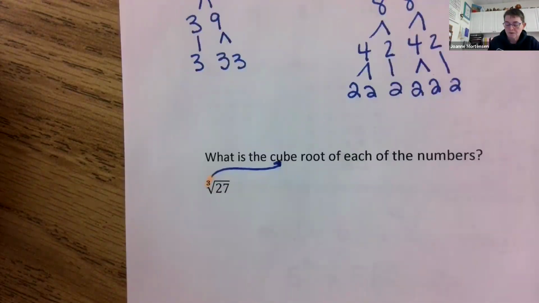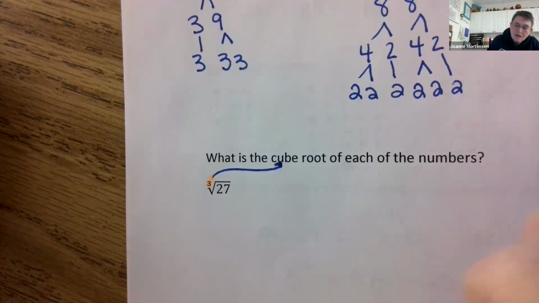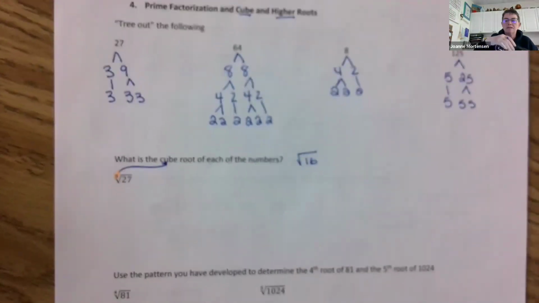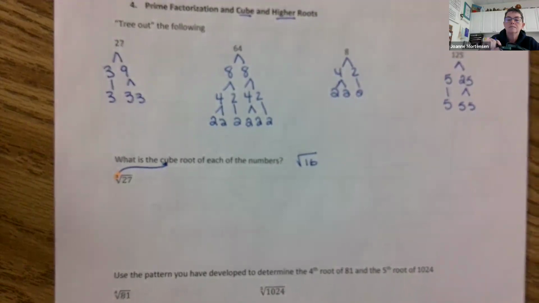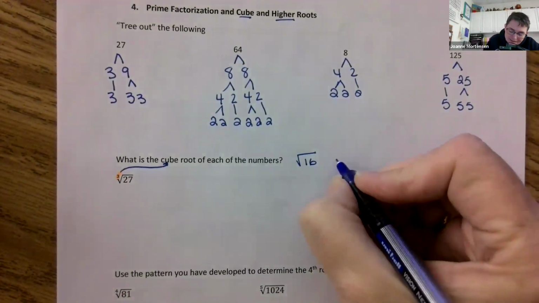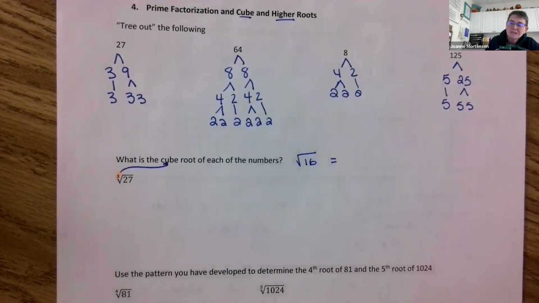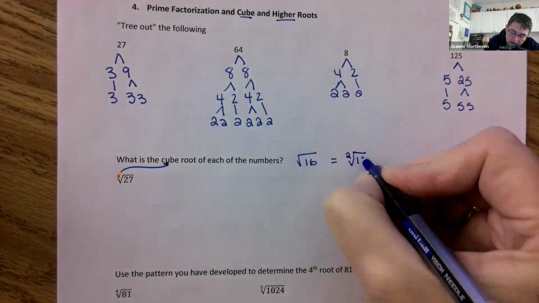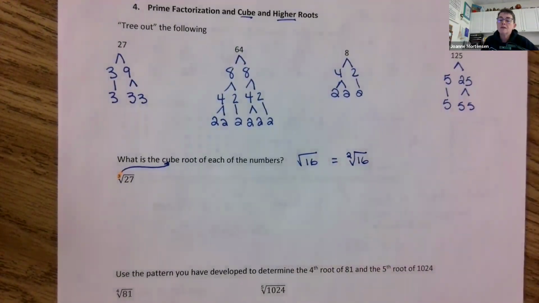And before we go further, I will fess up. All of the square roots that we did before, like the square root of 16, technically could have been written like that, with a little 2.